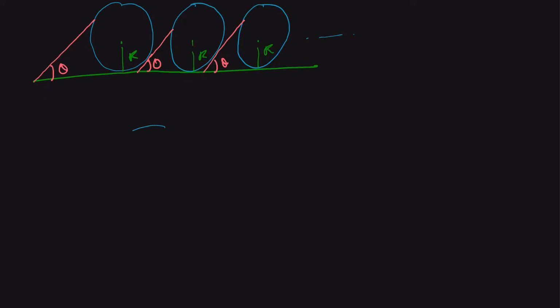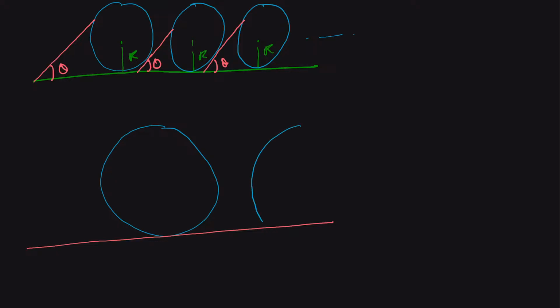So suppose this is our first circle, and it is lying on a surface, and there is also a second circle, which we will draw only partially because that is not much required. And then there is a stick which goes something like this, and similarly on this part also.